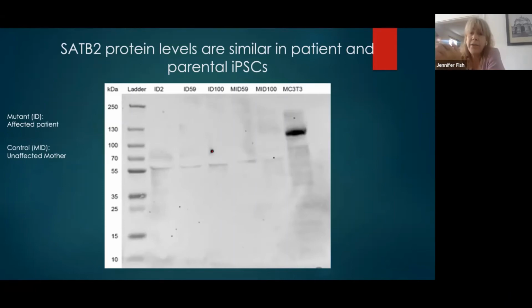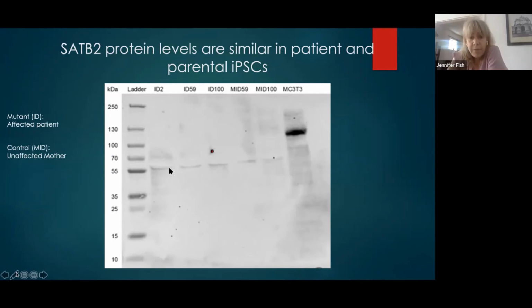It's going to bind to our protein of interest, and then we can see what's bound because it has a tag. What is shown here is we've run the protein from the 3 patients, ID2, 59, and 100, and 2 of the parents, 59 and 100. At the time, we didn't have the MID2.